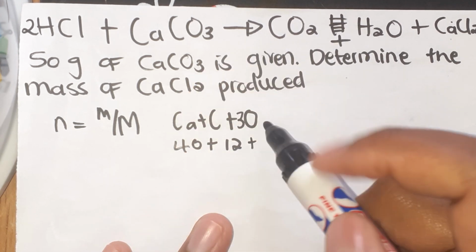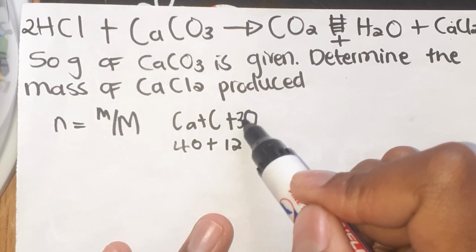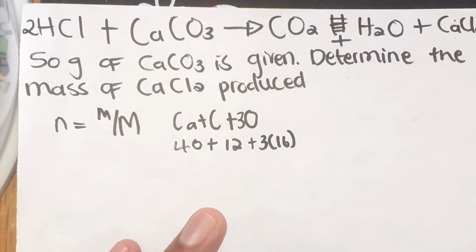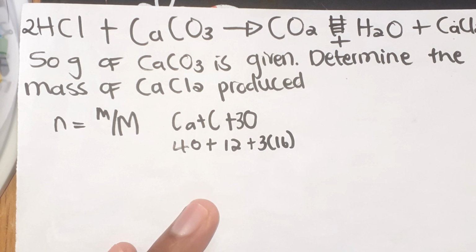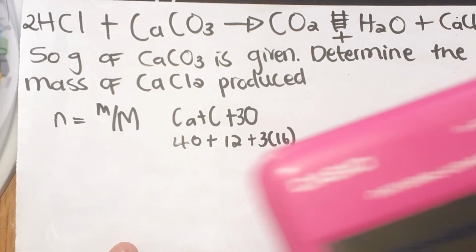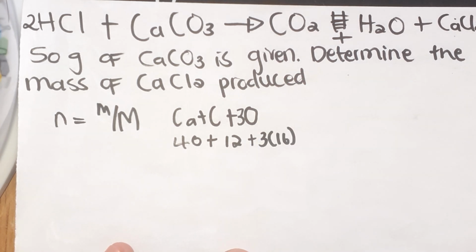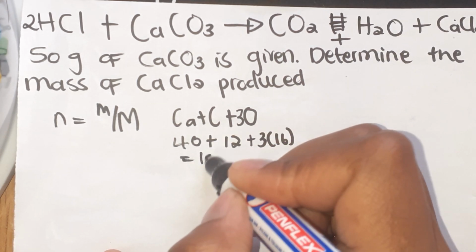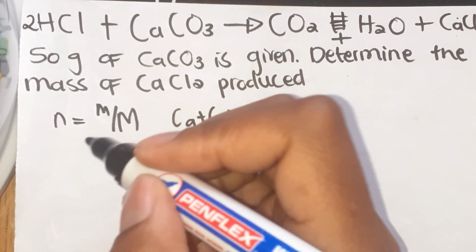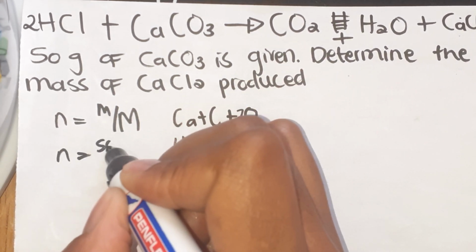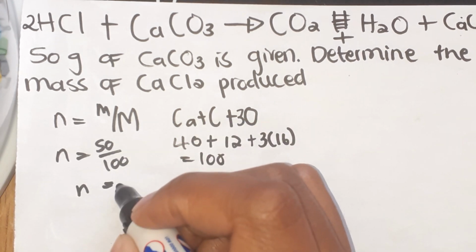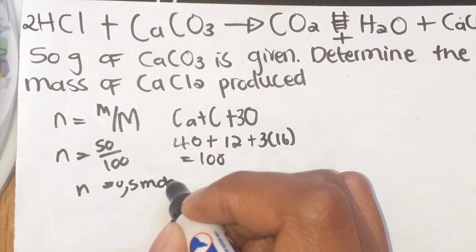This number 3 here means this oxygen is 3 times, so you have 3 times 16, because the molar mass of oxygen is 16. So 40 plus 12 plus 48, the total of this mass is 100. So you can substitute it into the equation: n equals 50 over 100, n equals 0.5 mole.